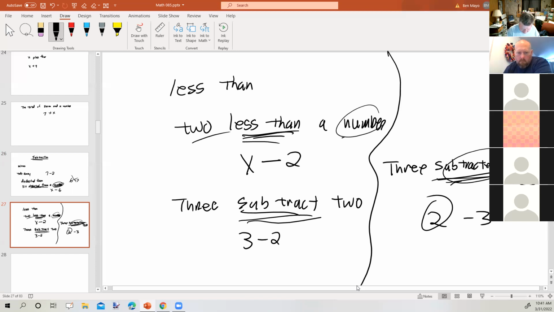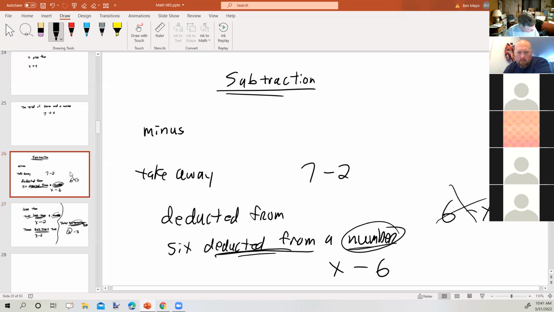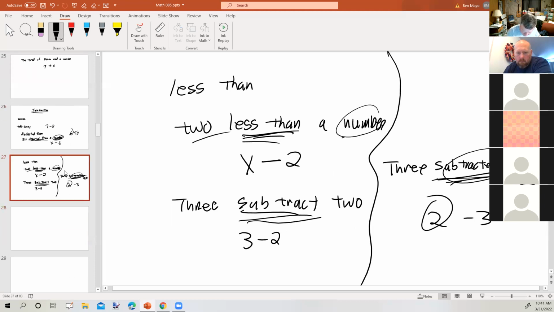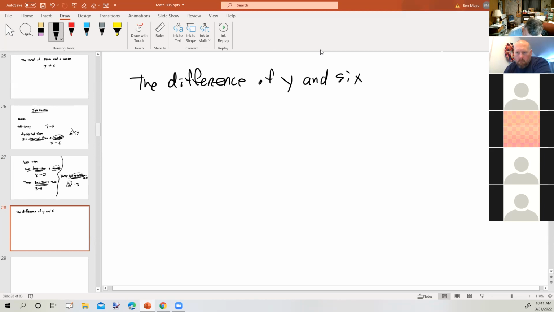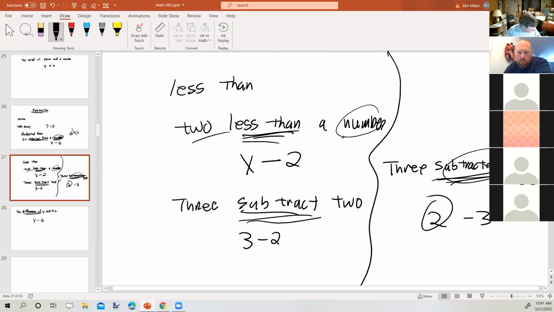Let's see, trying to look back at what we had. Takeaway, minus, how about the difference of? So the difference of y and 6. So that would be y minus 6. Difference of, okay. And I think we did less than, let's see.